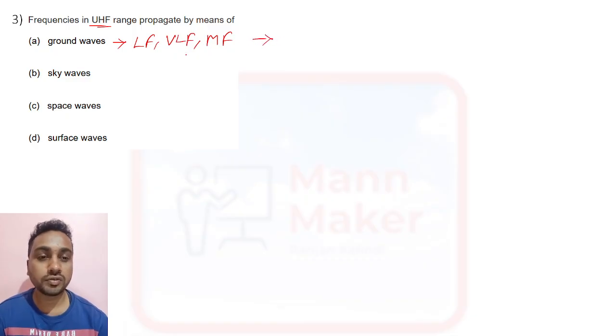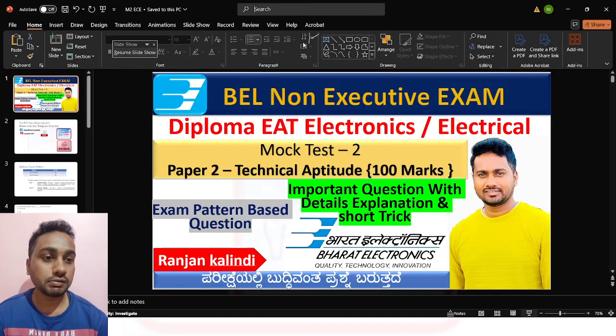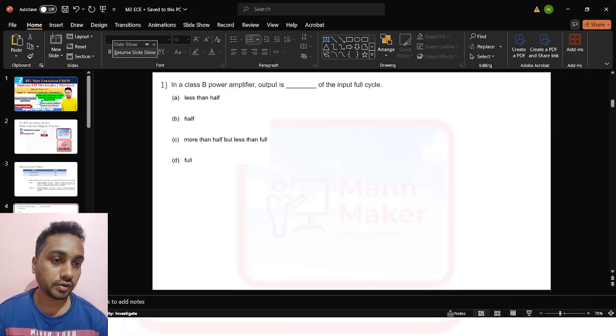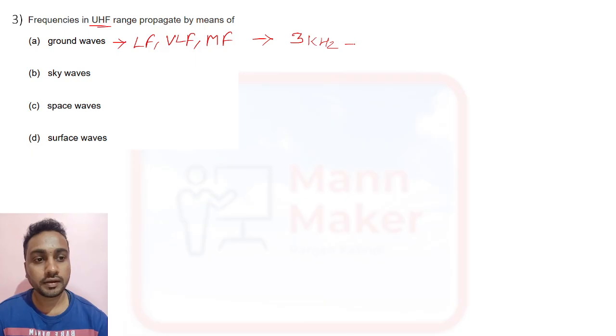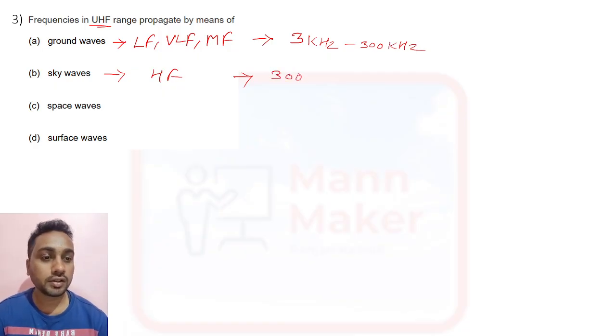The range for ground wave will be around 3 kilohertz to 300 kilohertz. Okay. And for skywave we are using high frequency, that is the range of 300 kilohertz to 300 megahertz.